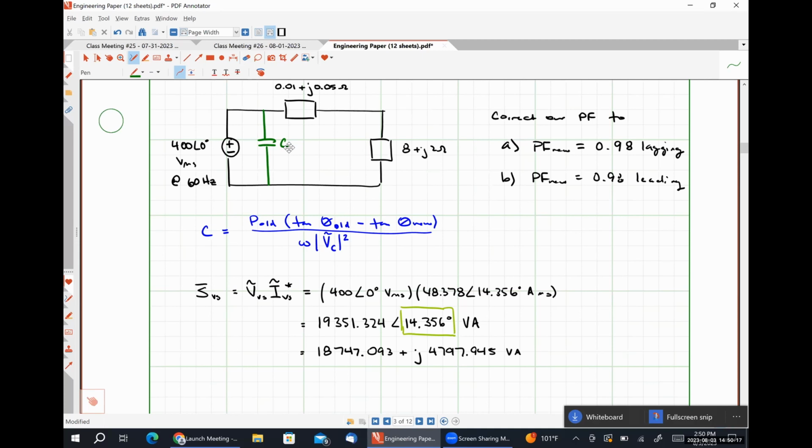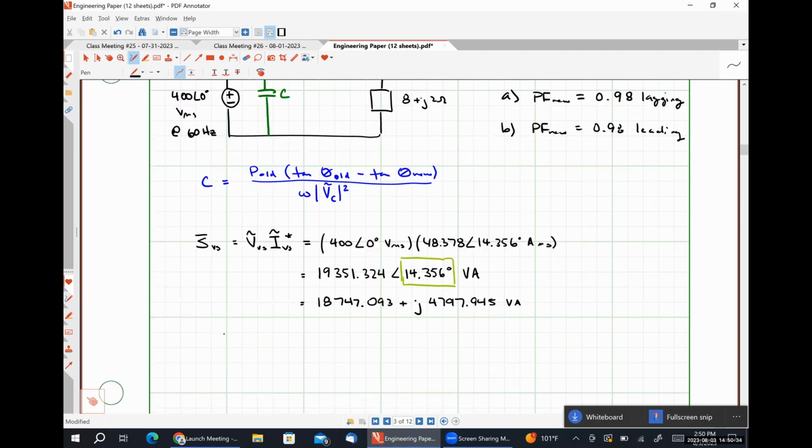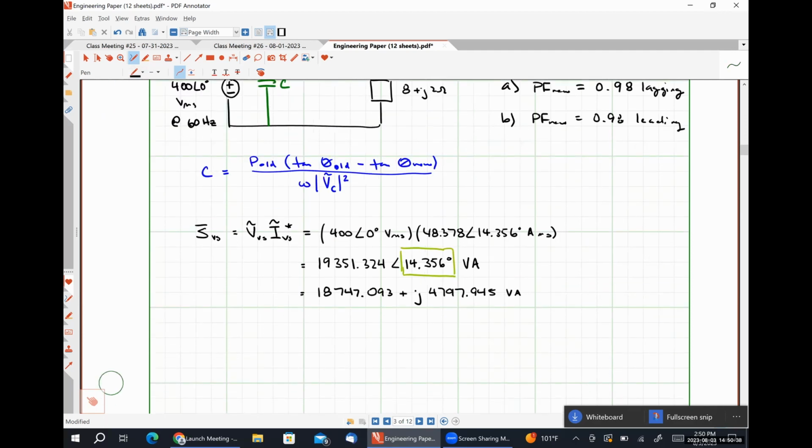Oh, I see. I was answering for theta old. Theta old is 14.356 degrees. Absolutely right there. So I'll put a check by that.